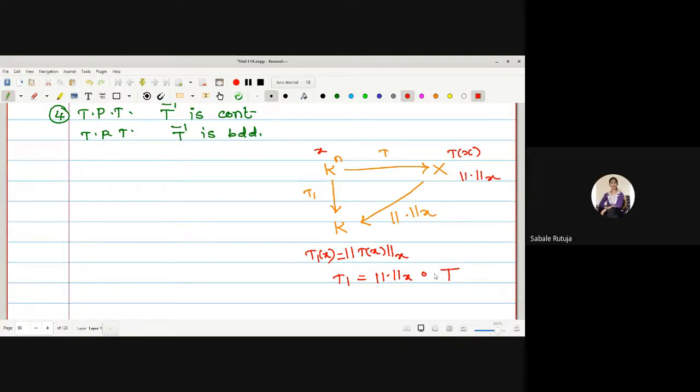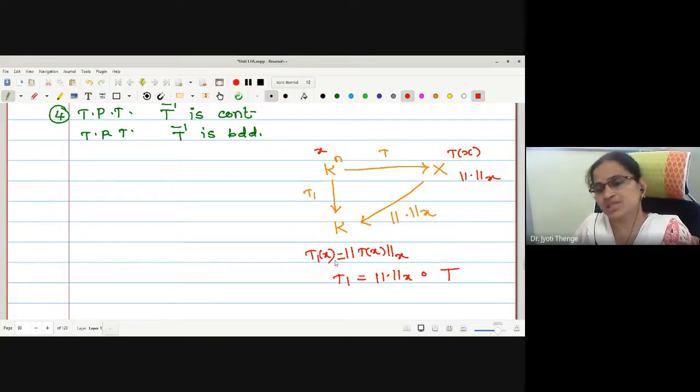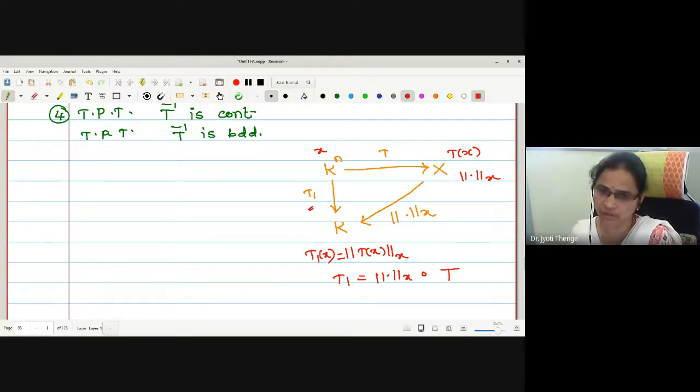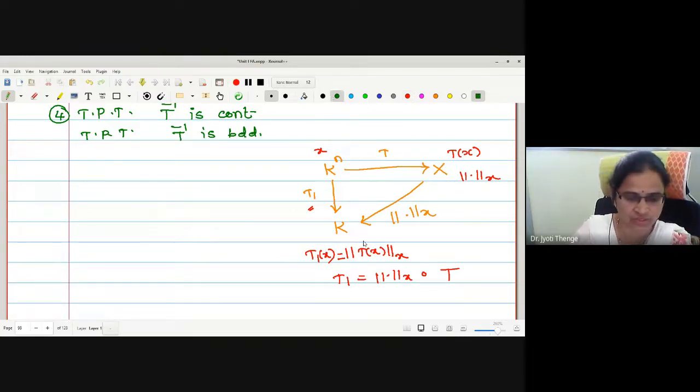Try to understand this structure. Once you understand this structure, it will be easier for you to understand the proof. We are going to take help of this mapping T1 in order to prove T inverse is bounded. Hope there is no difficulty in this structure.